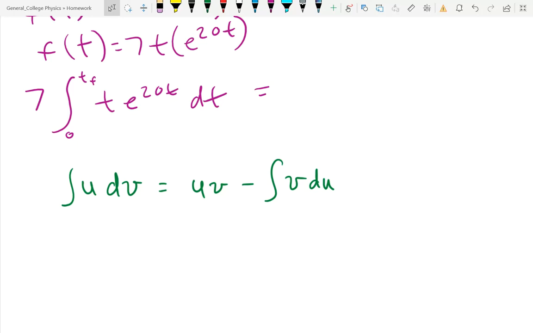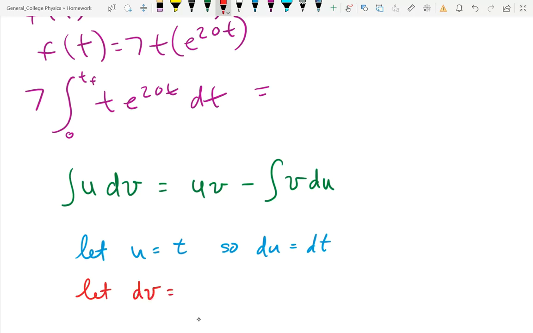And so our definition is going to be let u equal t, so du is equal to dt. And then let dv equal e to the 20t dt. Notice my dv is a function here, but it's a function that has a d in it.